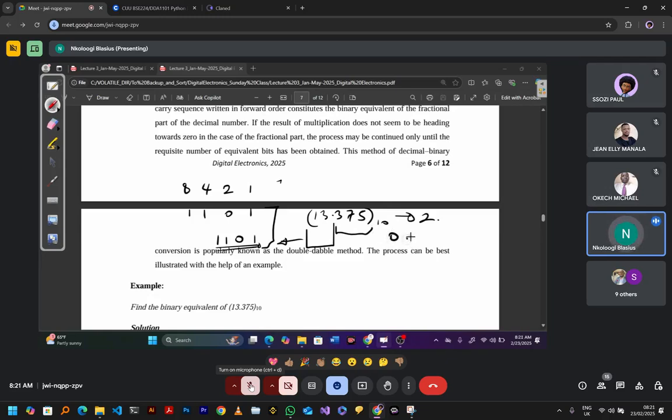What about the fraction part? So you have to convert 0.375. Okay, so first step, 0.375 times 2. We have to have an answer here, and then we carry something up here. So that 0.375 times 2 is going to be 0.75.